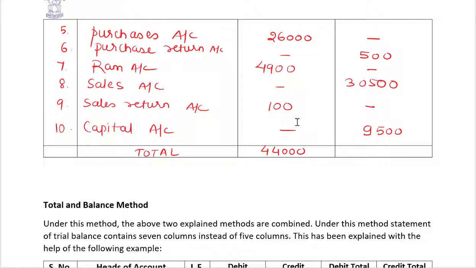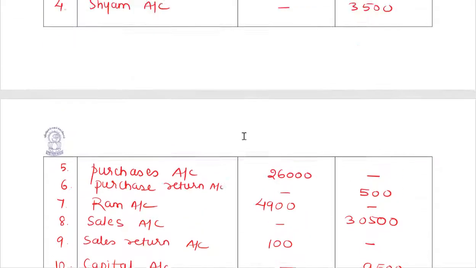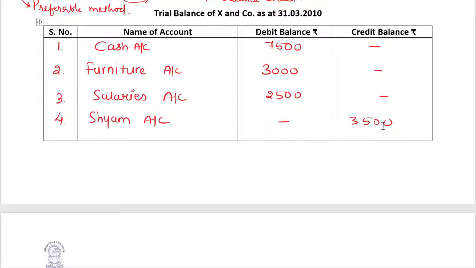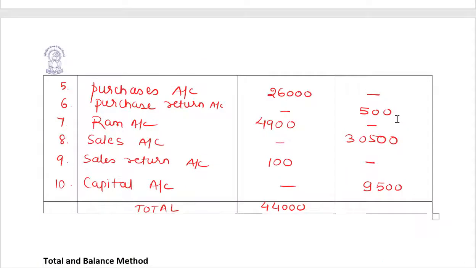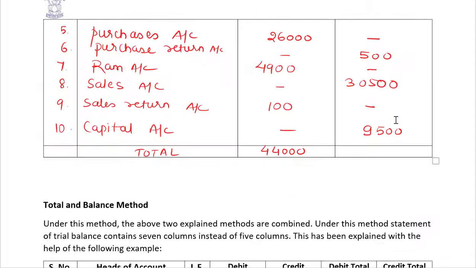Let's make the total on the credit side now. 3,500 plus 500 plus 30,500 plus 9,500 equals what? 44,000. I hope you understand this.